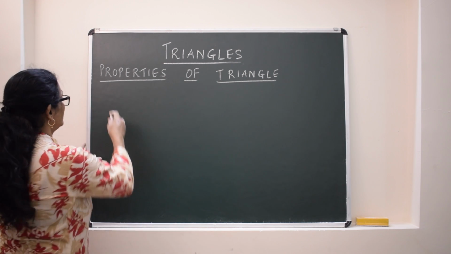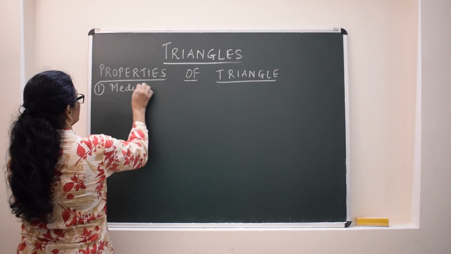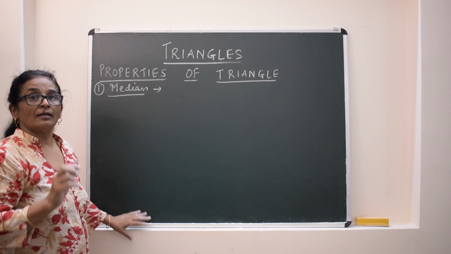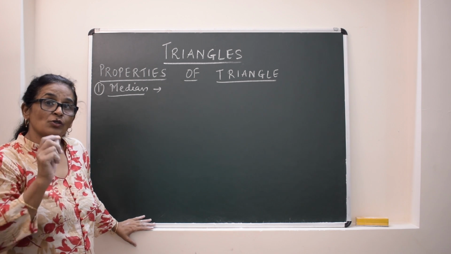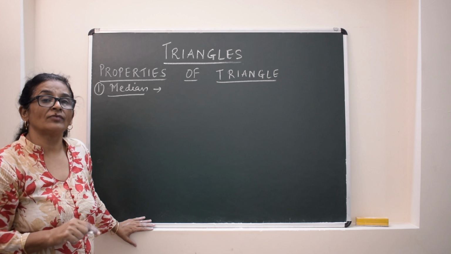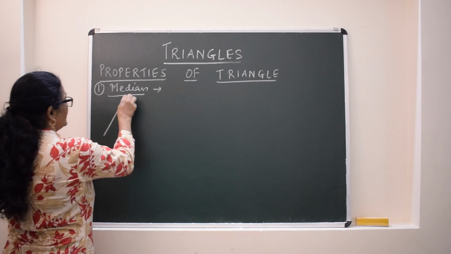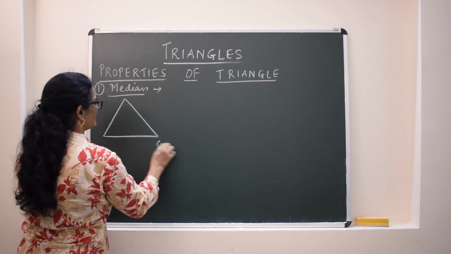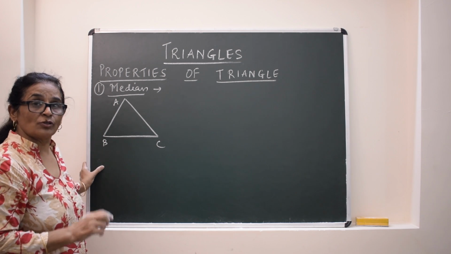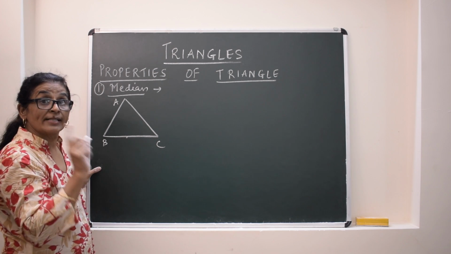First is called the median. So median is a line segment which is drawn from the vertex of a triangle to the midpoint of the opposite side. So for any triangle, if I want to draw a median, I must know the midpoint of each side.